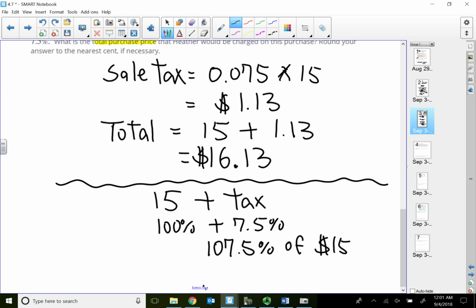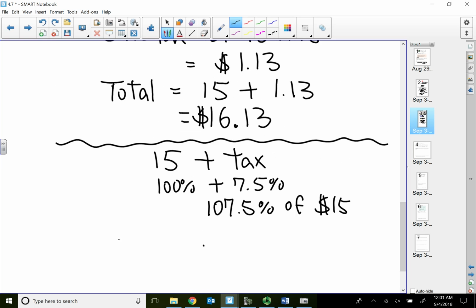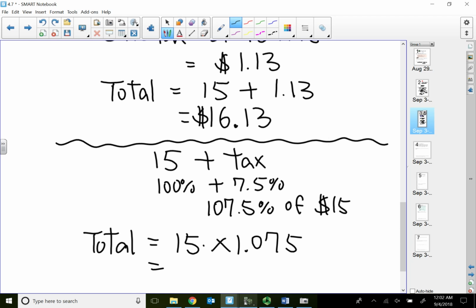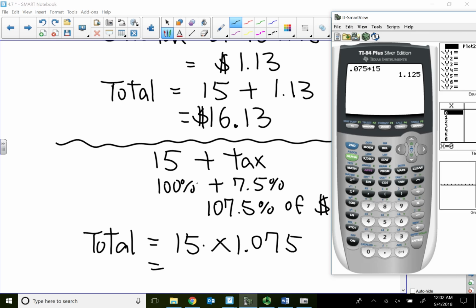If you understand this concept, you can simply say the total purchase price is going to be $15 times 107.5%. Move the decimal to the left 2 places, that's 1.075. 100% for the $15 plus an additional 7.5% for the sales tax.